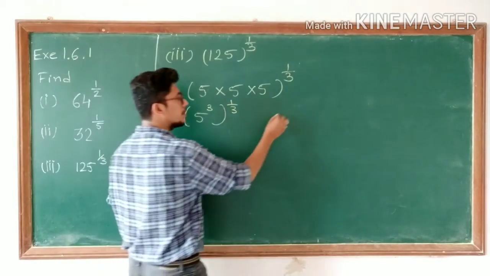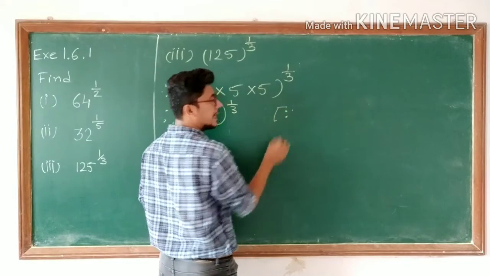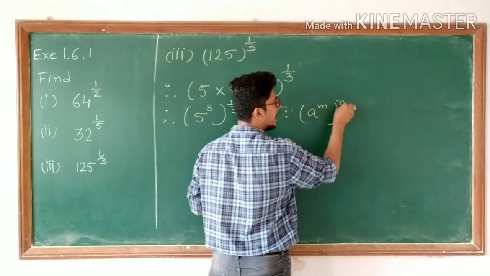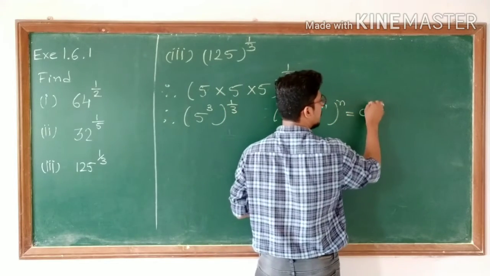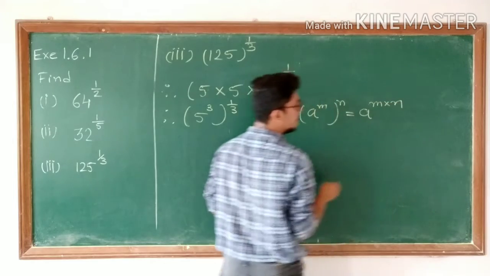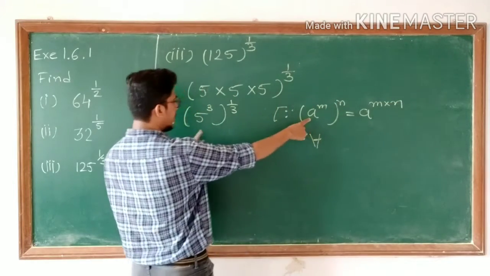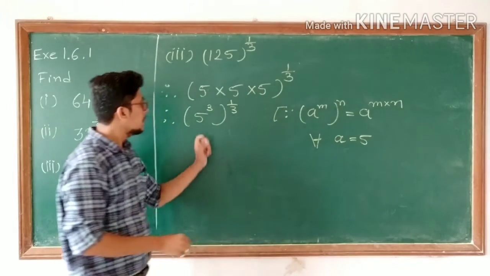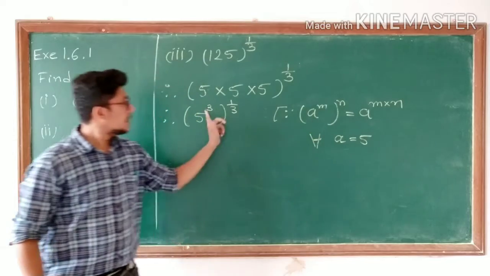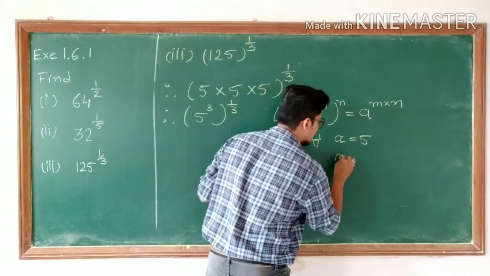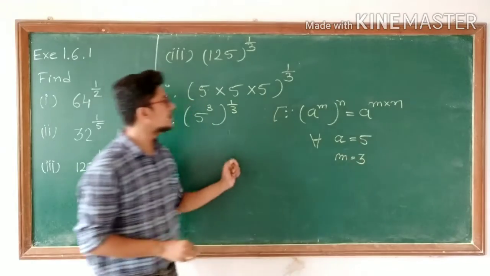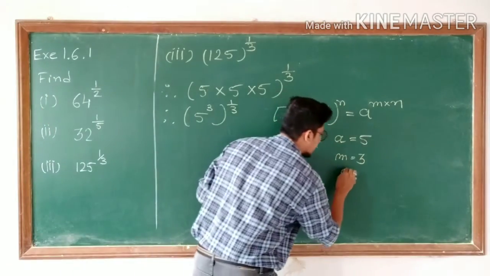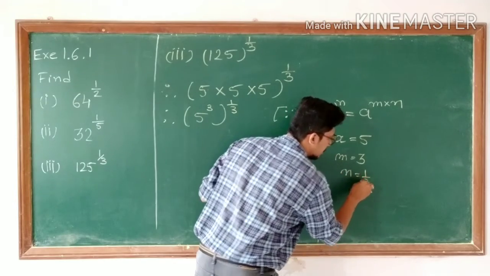Yes, because we do have an identity which shows (a power m) to the power n is nothing but a power of m into n, where a is equal to 5, m is equal to 3, and in the same way n is equal to 1 upon 3.